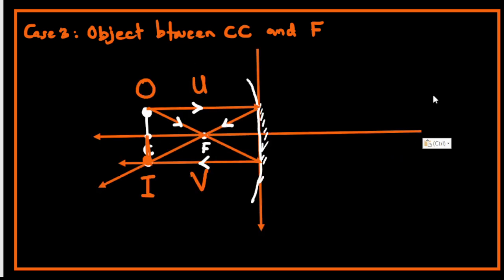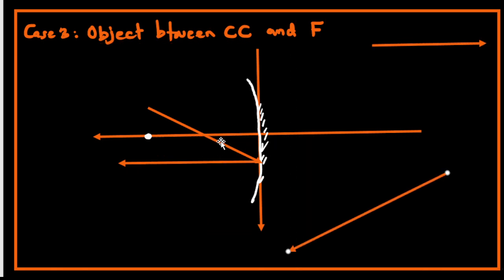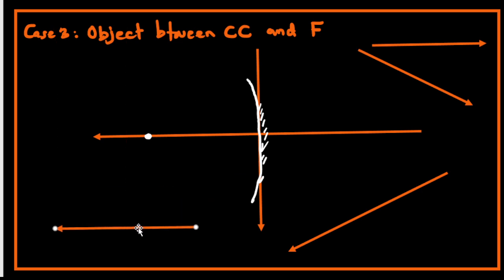Okay, so now our interest is not on the object on the center of curvature, but on the object. Let me take this away. You may end up needing them. Okay, now watch.